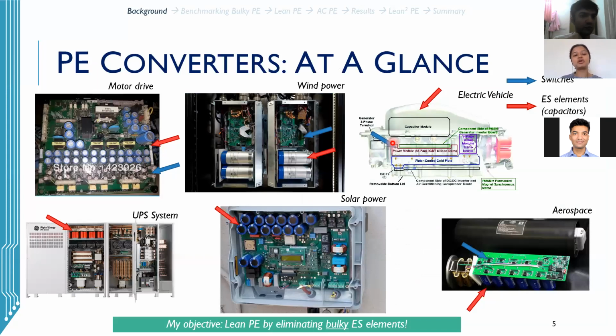If we look at these power converters across applications, say for example, wind power, electric vehicles, aerospace, solar power, and so on, we can see that the common backbone is that the energy storage elements, which is capacitors in all these cases, occupy as much as 70% of the total power converter volume. So my objective during my thesis was to move towards lean or high density power converters by eliminating the need of these bulky electrolytic capacitors.